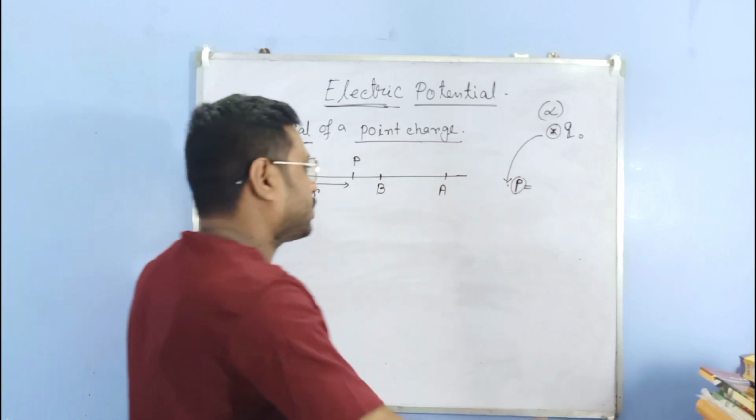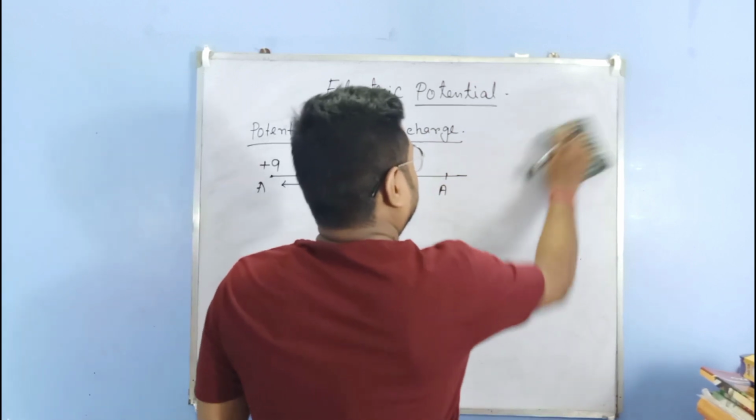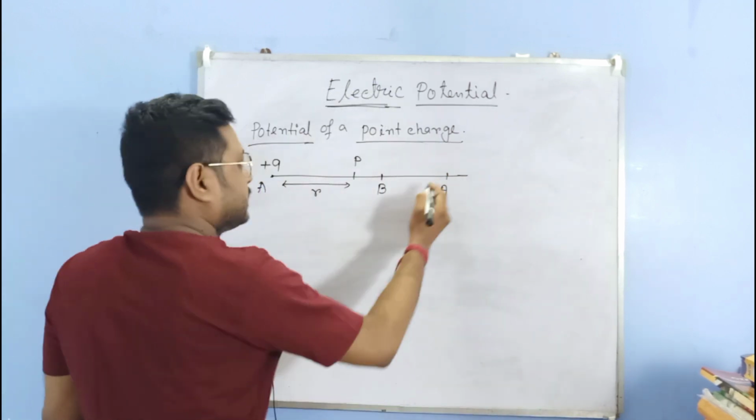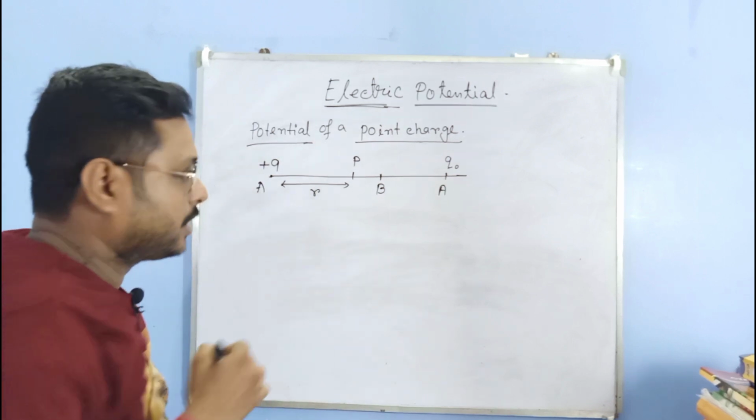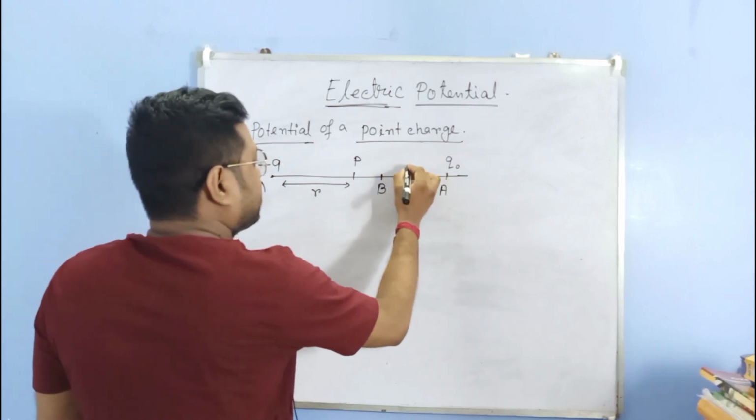So at first, for convenience, we say that the test charge is at point A and the distance between A and B is very small.